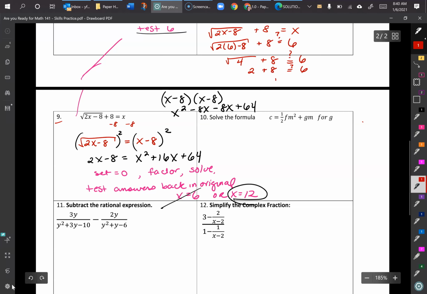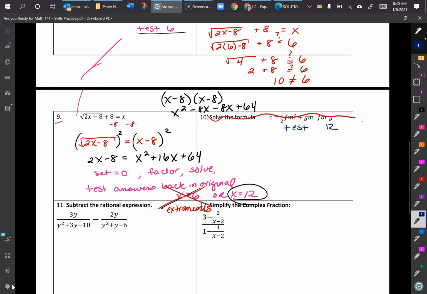Does that equal 6? No, it doesn't. We can test 12 to show you, but that makes this one extraneous. I think I'm going to do this in another video, so this one's getting kind of long. So I'll just test the 12 just so you see how to test.